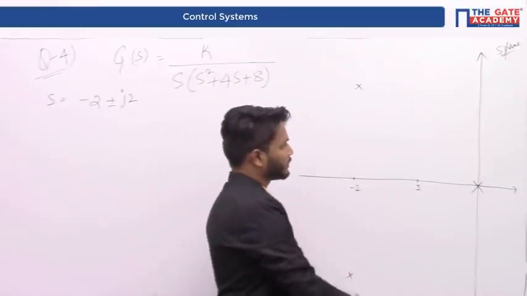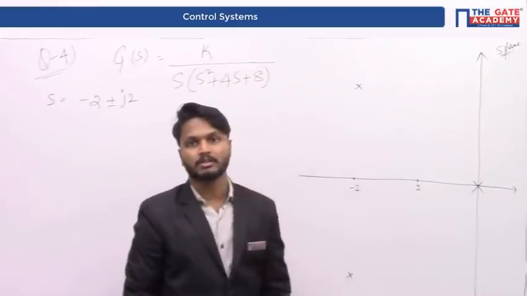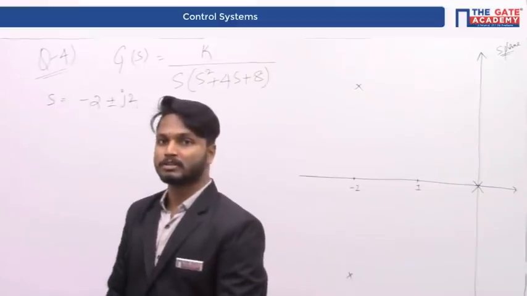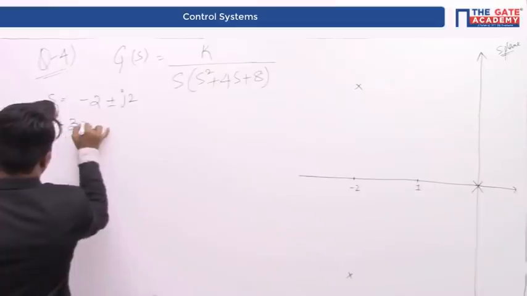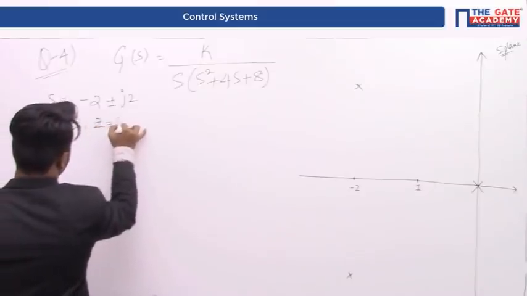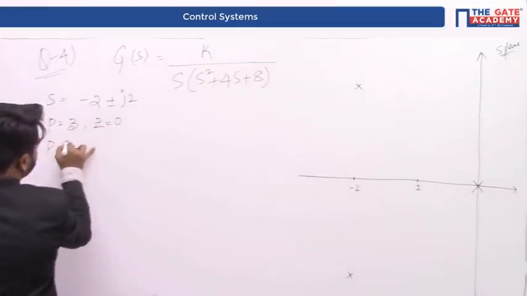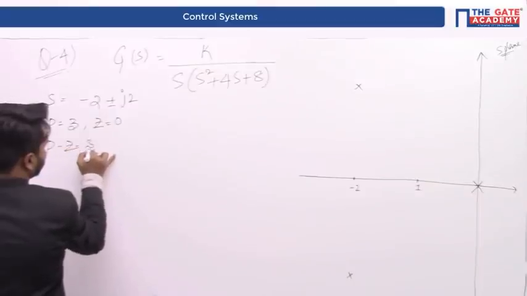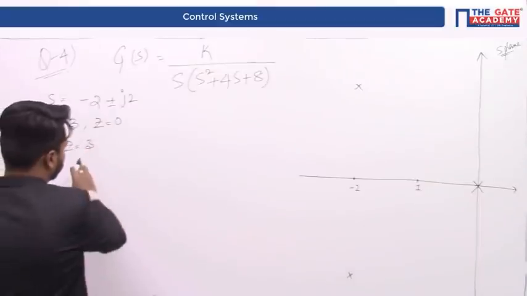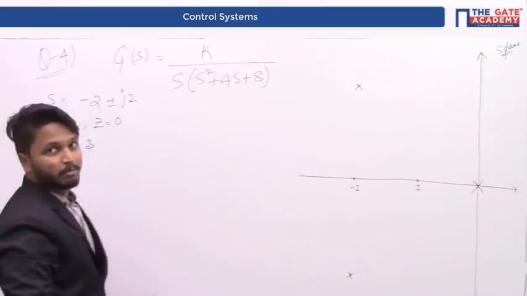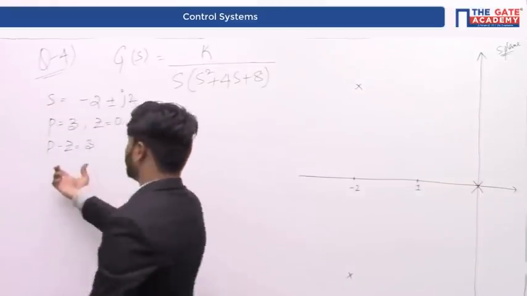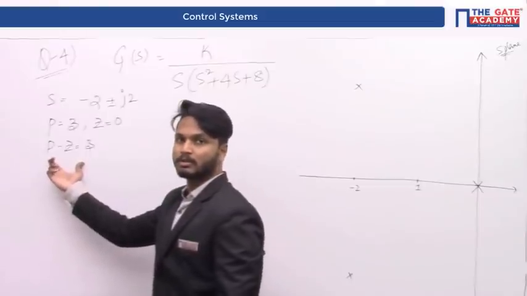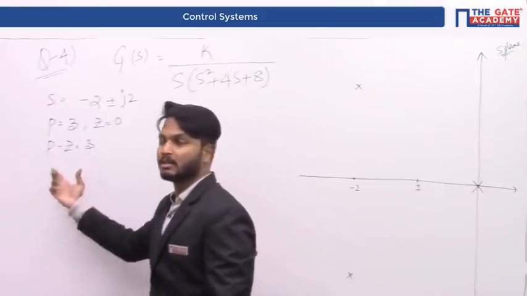So it is quite evident from the given system, the number of poles p is equal to 3 and number of zeros z is equal to 0. Therefore, p minus z is equal to 3 simply, right? Therefore, the number of asymptotes in the root locus is given by p minus z, that is 3.